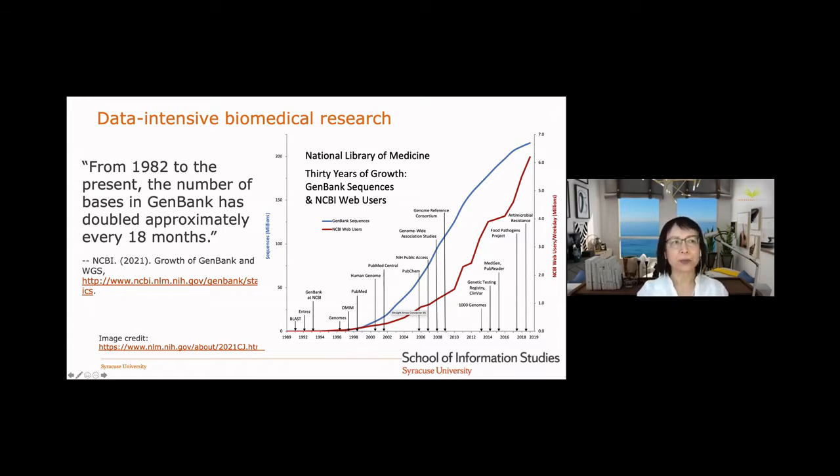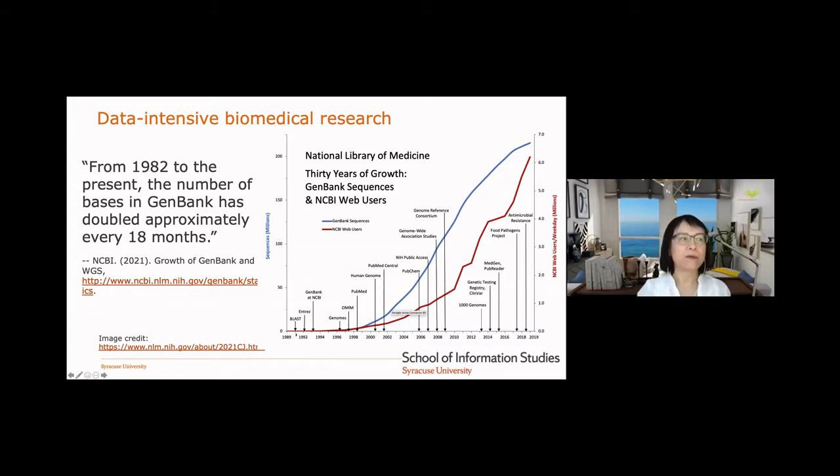So if you look at the blue line, you can see the rate of data growth is much faster than the use of the data. Along the line, you can see all these vertical arrow lines point to when a new tool was created or developed for using the data.